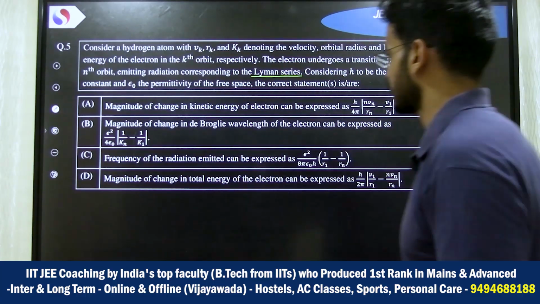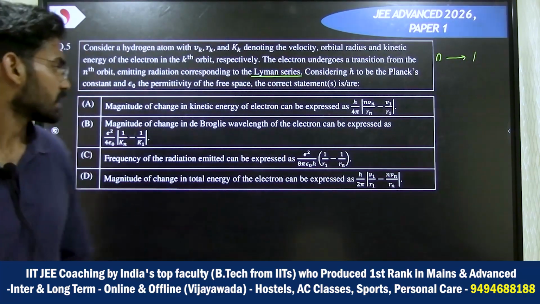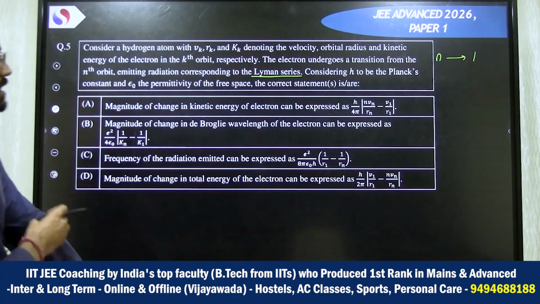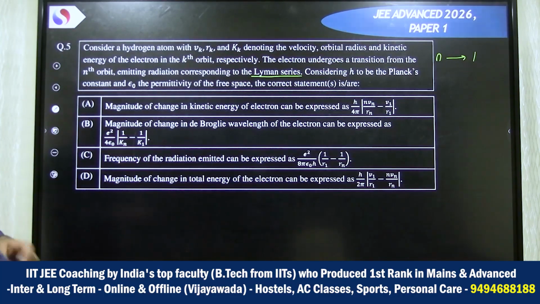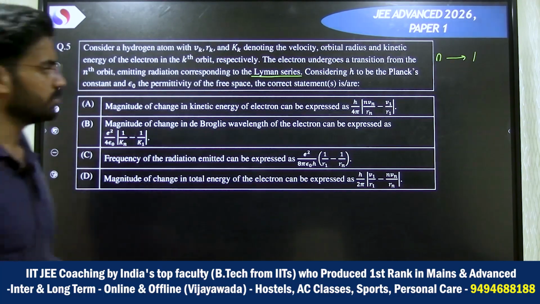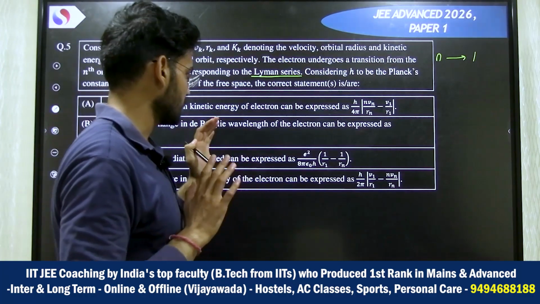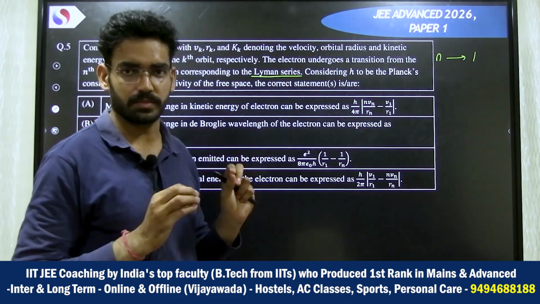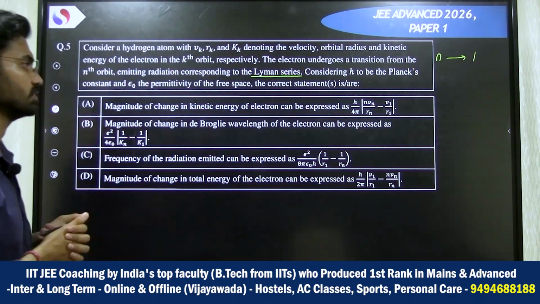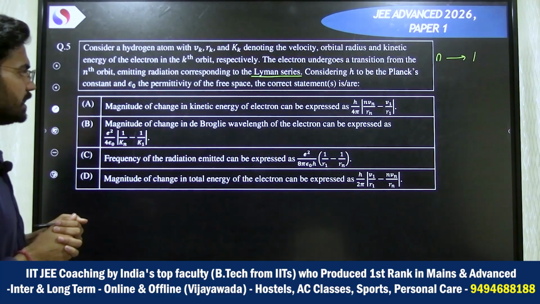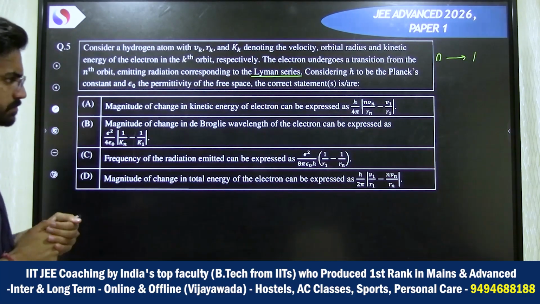Now the first option gives the magnitude of change in kinetic energy of the electron can be expressed as h by 4 pi and n into Vn by Rn. Here I am not answering the question, I am explaining how we will think on this question. The problem is he is asking kinetic energy.